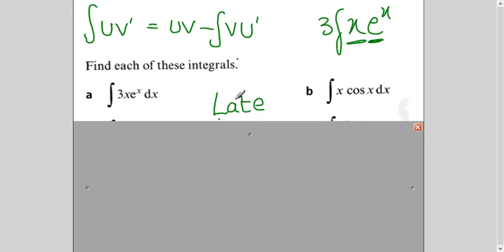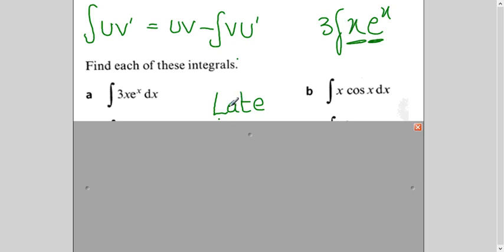The word LATE helps us to define that. L is for log. This sets the priority for selection of u. So if a log function exists, you will call it u. If log is not here, then algebra. Algebra means polynomial here. So this is u.